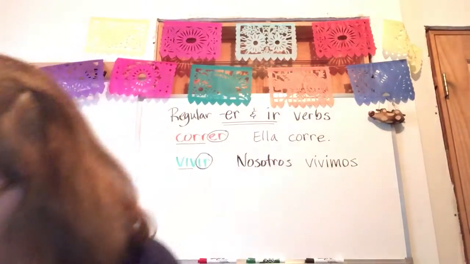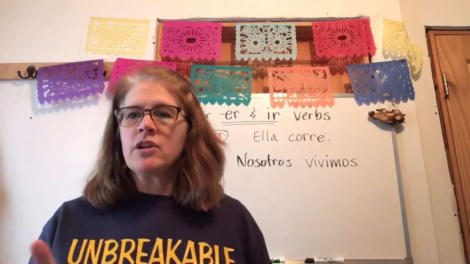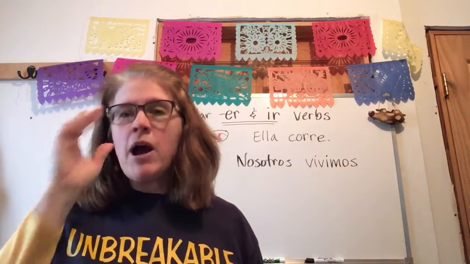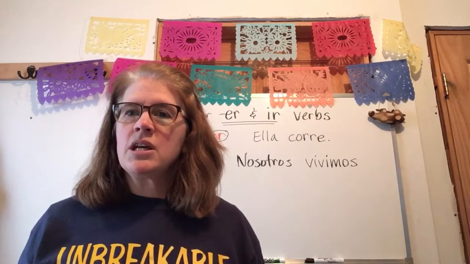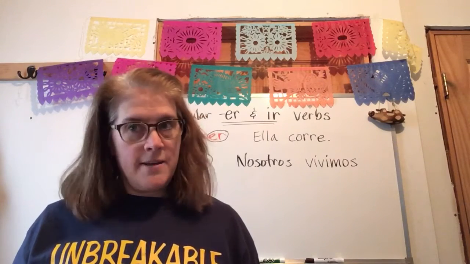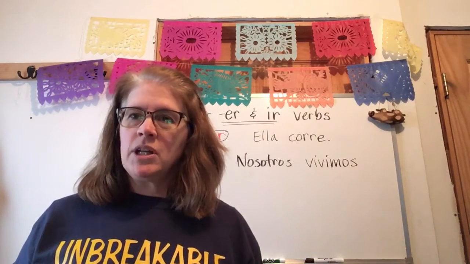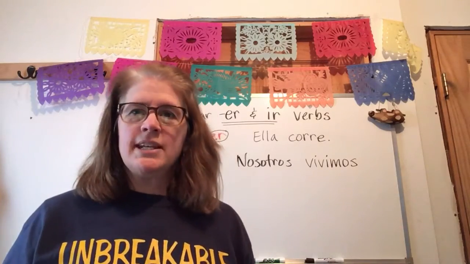Okay, now we're going to try something here. I'm going to hold up a card, and you, on the video, you're going to have to pause it, and I want you to write down the correct verb form, okay? You have to pause it, though. I'm going to just wait a couple seconds, and then I'll give you the answer, okay?